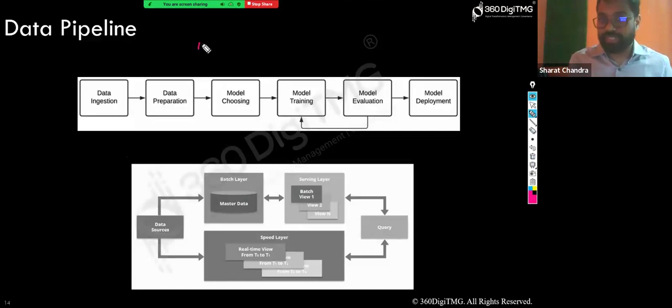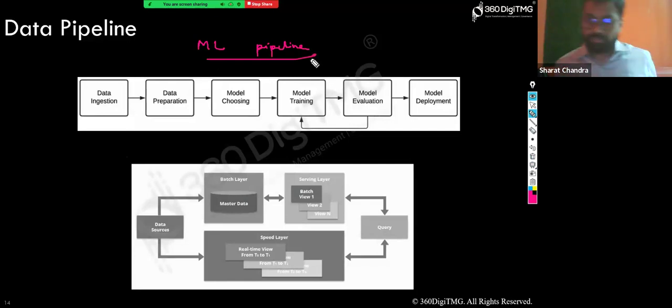We call them machine learning pipelines. The concept is very similar to what we discussed till now, but this is with respect to specific model development. The objective is to ensure data is flowing through different phases of the development.